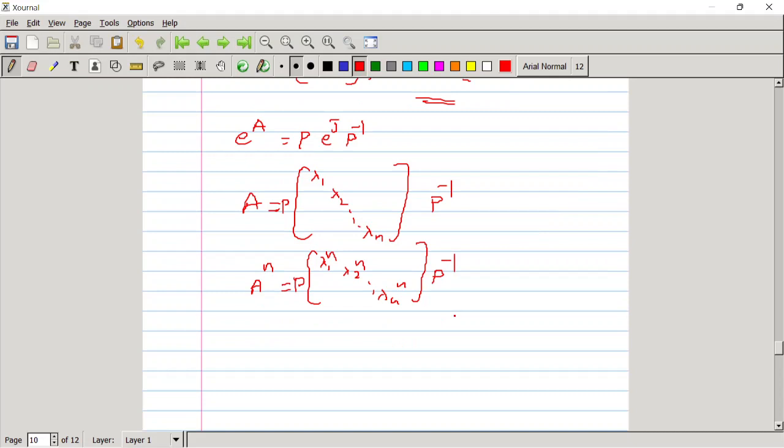From this we can simply get e power A, which is P times the diagonal matrix with e power lambda 1 up to e power lambda n, into P inverse. If A is diagonalizable, this is the matrix e power A. Is it clear?